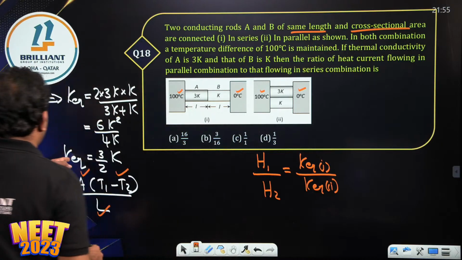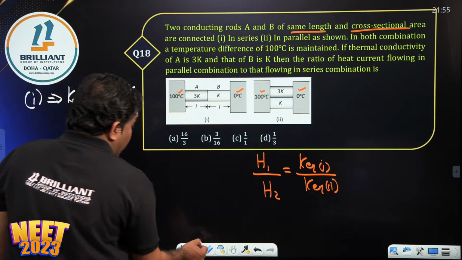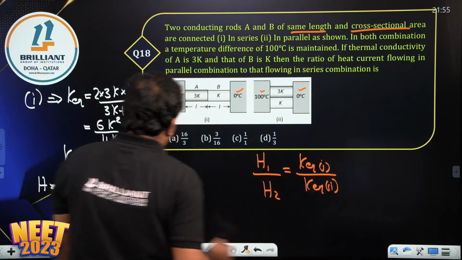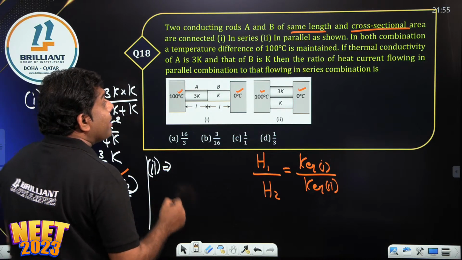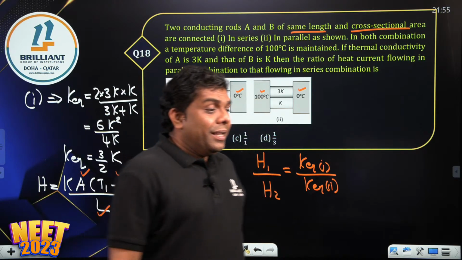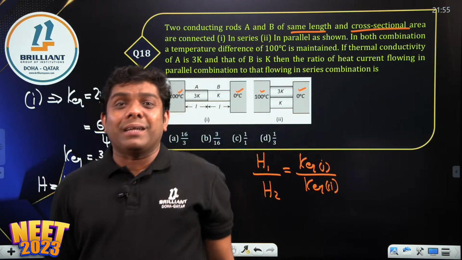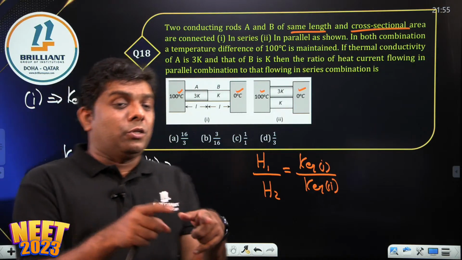K equivalent of 1 we calculated. Now, can you find K equivalent of 2? In the second case, they are connected in parallel. In parallel, what is the equivalent thermal conductivity? It is K1 plus K2 divided by 2.